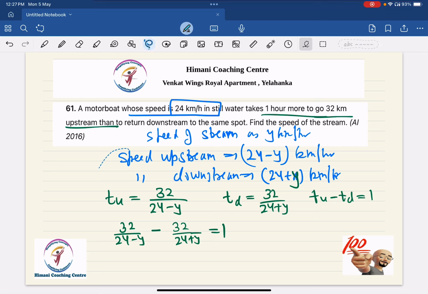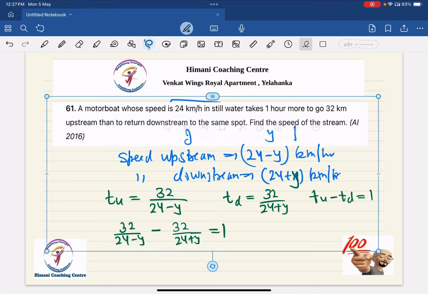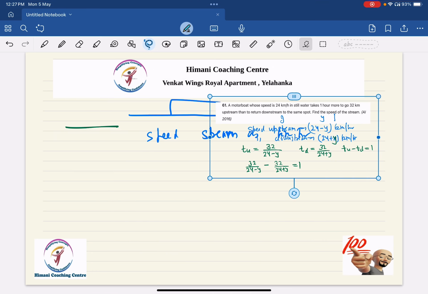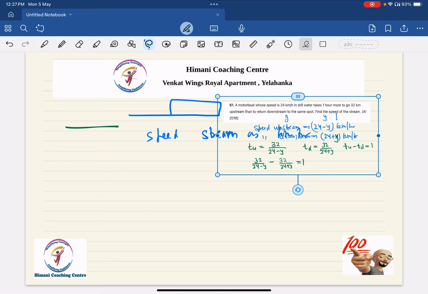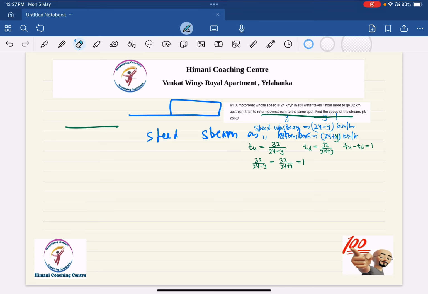So let us create some space first. Let us ignore this part and solve the question here.